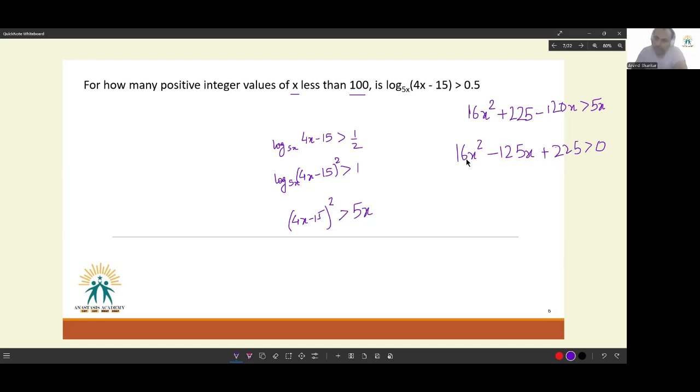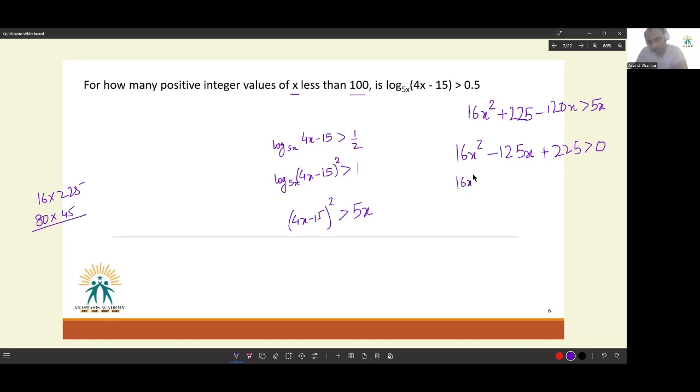Now trying to factorize this, 16 into 225 has to be broken down into two numbers that add up to 125. Let's see, 16 into 225 into 5, if I get it to 80, I can get it to 45. And yes, these two add up to 125.